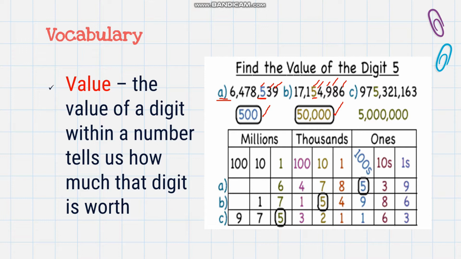Another example: find the value of the digit 5 in the third example. This is ones, tens, hundreds, thousands, 10,000s, 100,000s, millions. So 5 multiplied by 1 million is equivalent to 5 million. That's why the value of the digit 5 in the third example is 5 million.